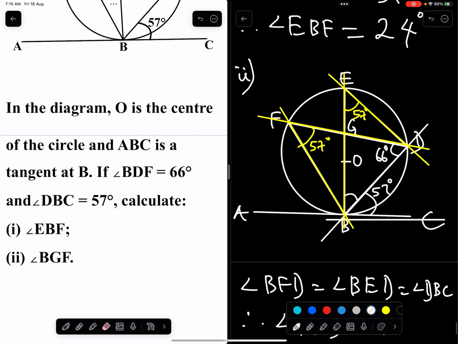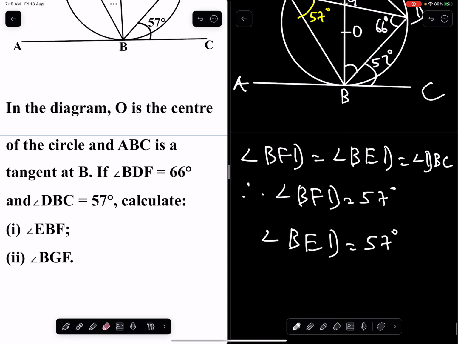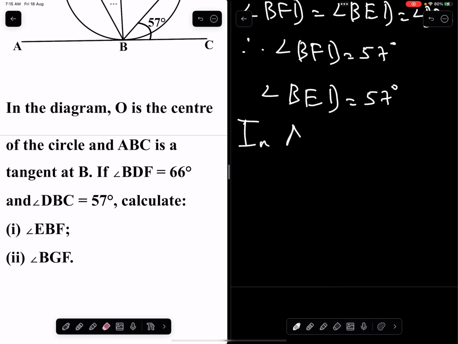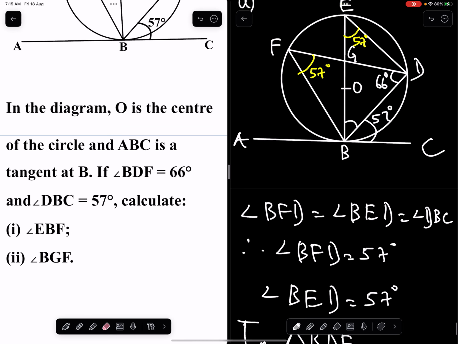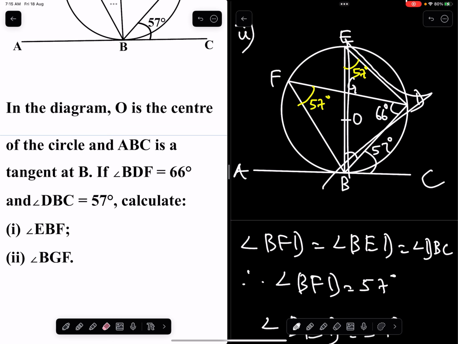Now, let me make my diagram neater. Now we can see that in triangle BDE, 57, of course we know that the whole of it is 90. 57 plus 90 plus angle EBD equals 180 degrees.